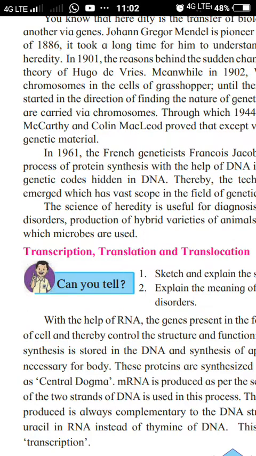what is transcription, what is translation, what is translocation. So DNA, we know that Watson and Crick gave the model of DNA, which is a double-stranded, helical and highly coiled structure. On each strand of the DNA, different nitrogenous bases are present. We know the full form of DNA, that is deoxyribonucleic acid.